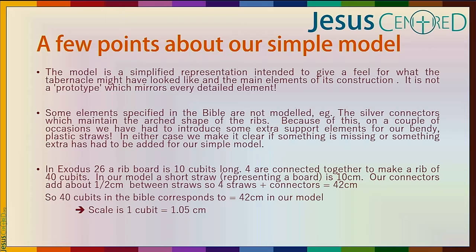So it's to give a feel for, and to tie in with the text as we go through it, so you can handle the lines as we go through the text. Some elements specified in the Bible we haven't put into the model because they're just too fiddly. 50 buttons, for instance, or fasteners. We're matching that with sellotape, to be honest.